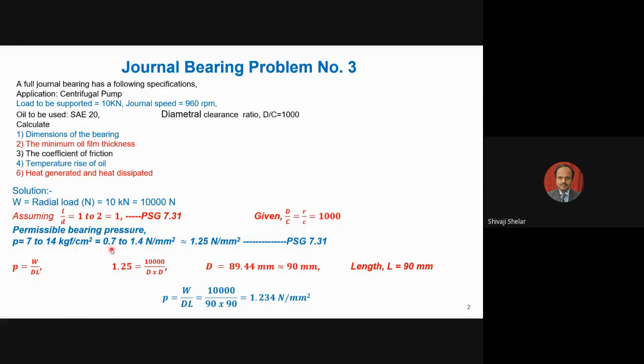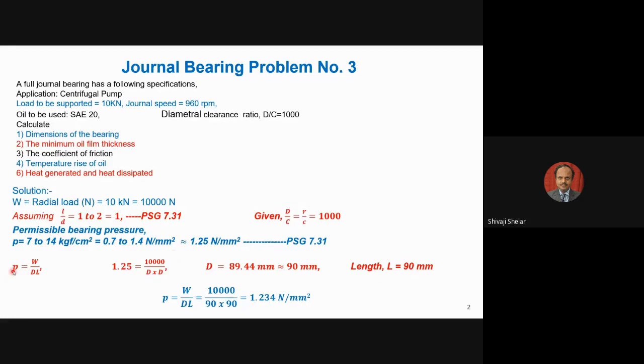For our current design, we select a value of approximately 1.25, which lies between 0.7 and 1.4. So we are selecting 1.25 Newton per millimeter square.